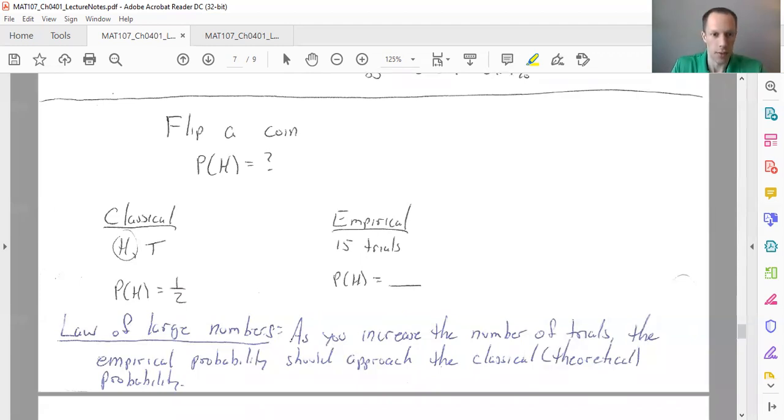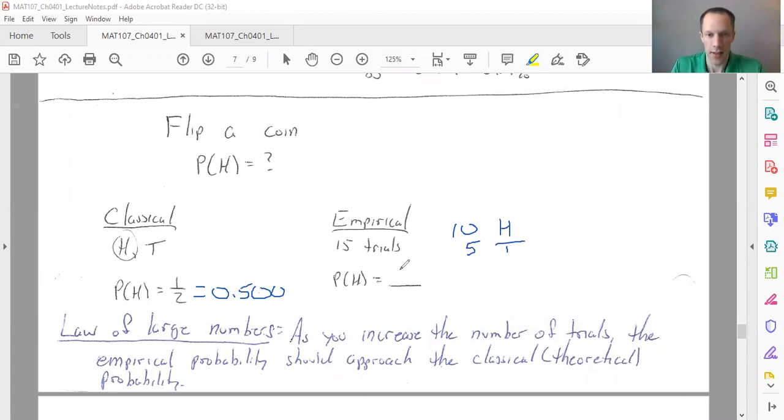So if you wanted to, you could always convert this and say 0.5, or you could say that this is 0.500, depending on how many decimal places you want. Now, for an empirical analysis, let's say that we were to flip the coin 15 times, and let's say out of the 15 trials, 10 of them landed on heads and 5 of them landed on tails.